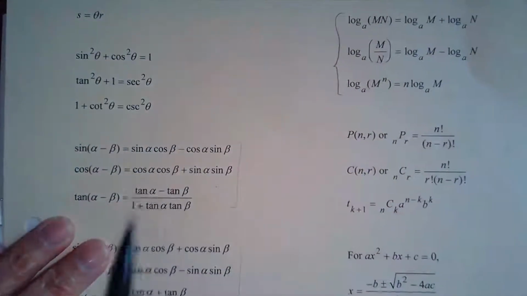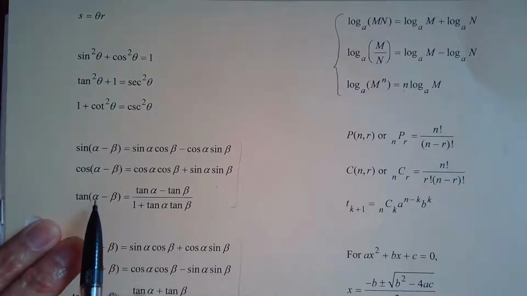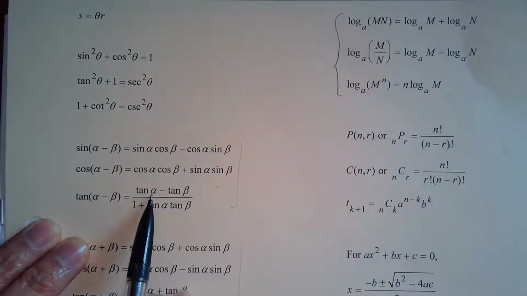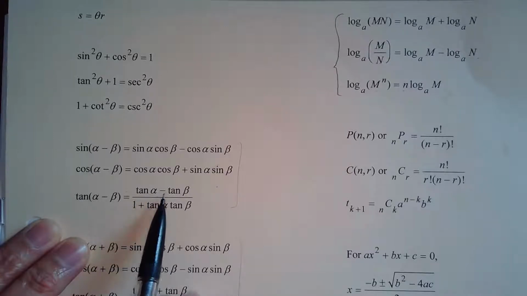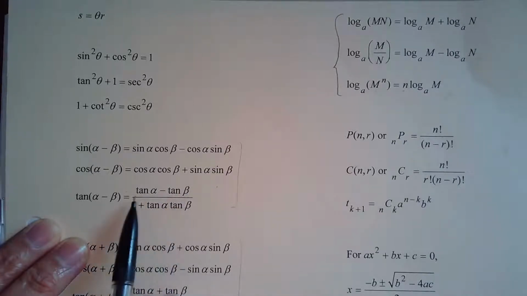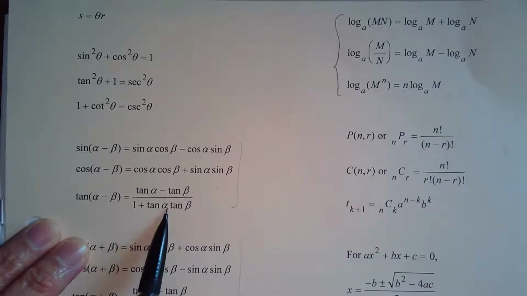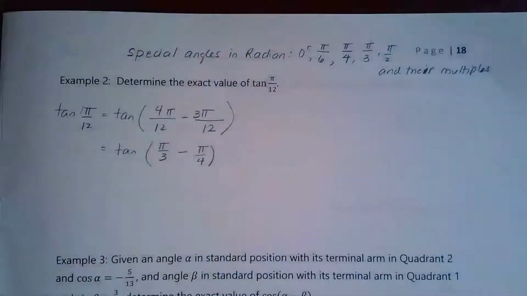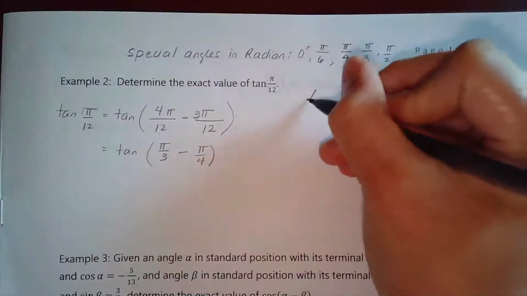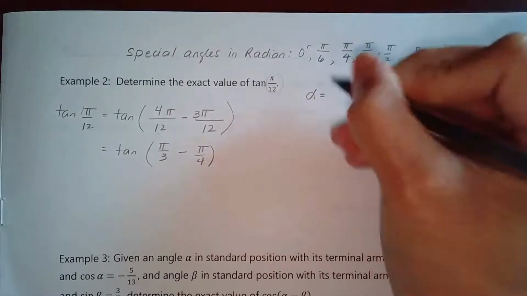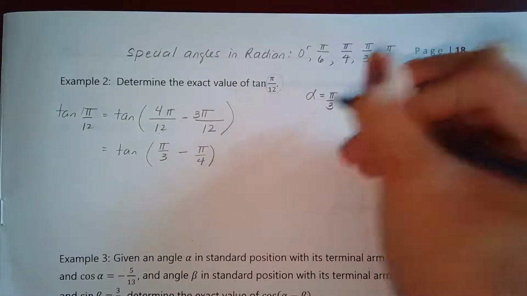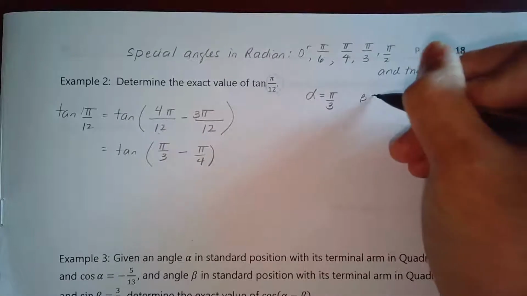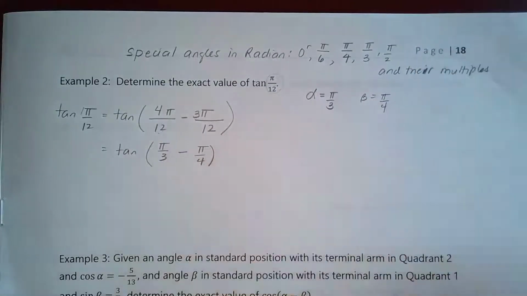Well, the tan of the difference of the angles is tan of the first angle minus tan of the second angle, all over 1 plus tan of the first angle times tan of the second angle. So in this case, alpha is equal to pi by 3 and beta is equal to pi by 4.